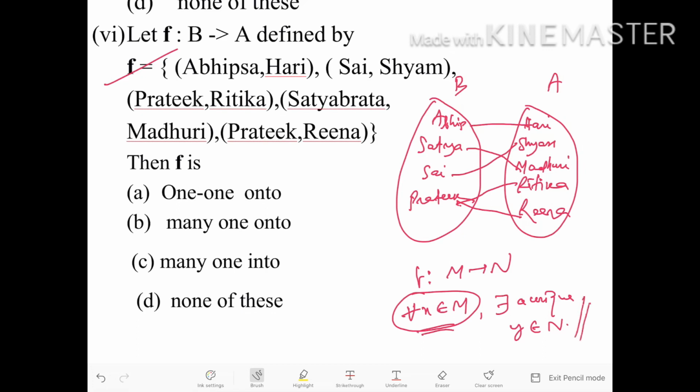Now the image should be unique. The image of x in the second set should be unique. But here Pratik is associated with two elements, Ritika and Reena. Means this relation, if you consider this as a relation, will be a one-many relation, and we all know that one-many relations are not functions. That means it is not a function, so the answer will be the last option D, that is none of these.